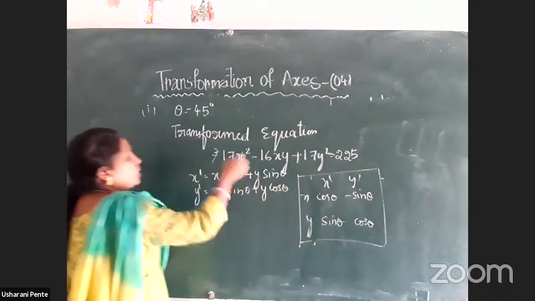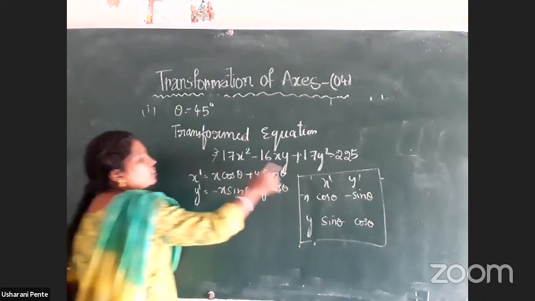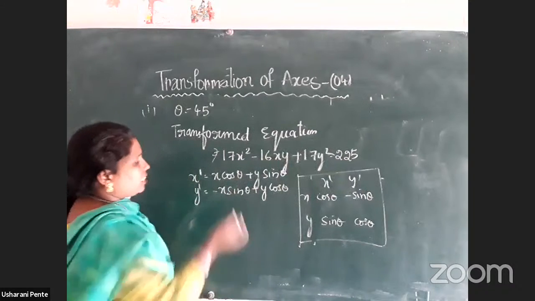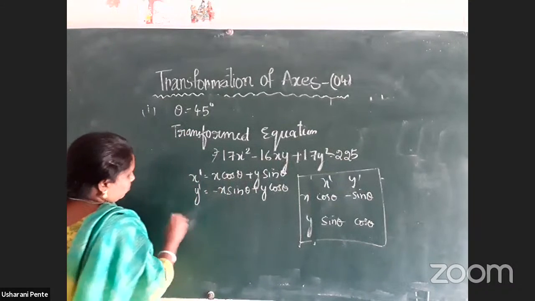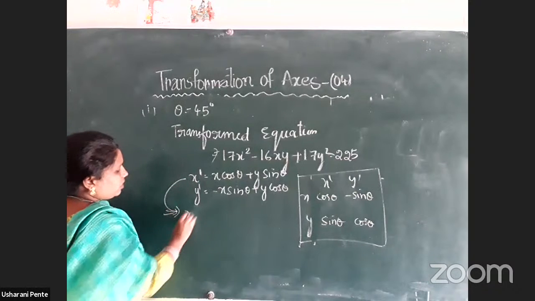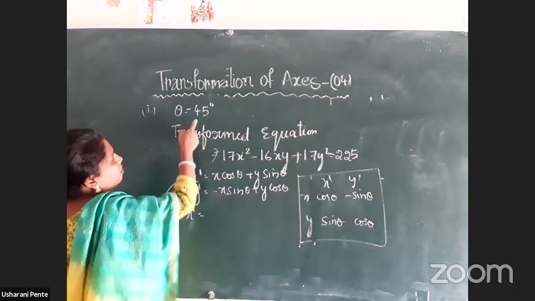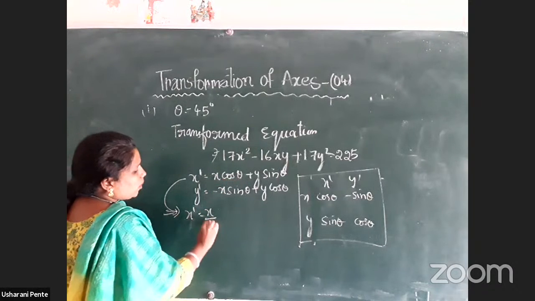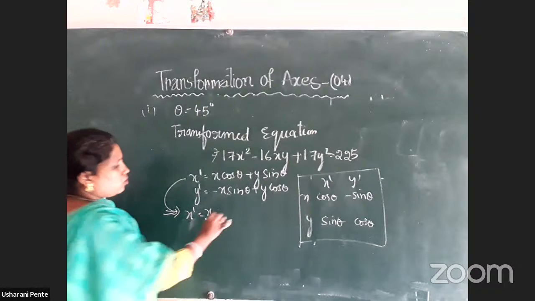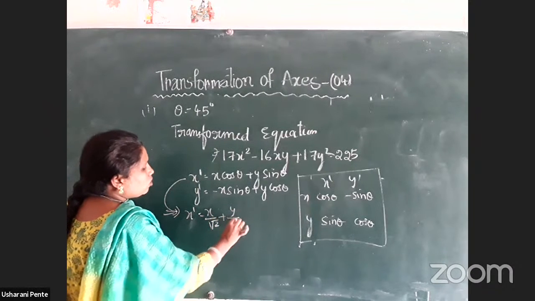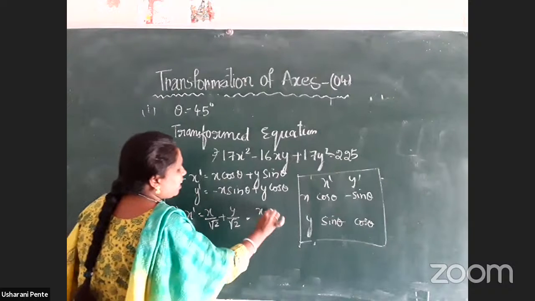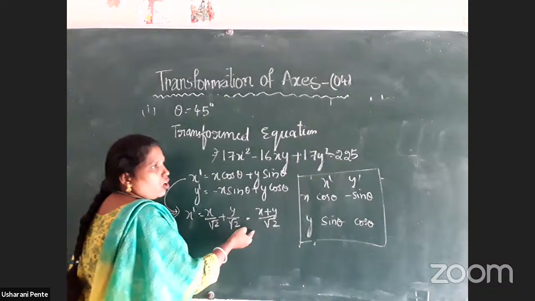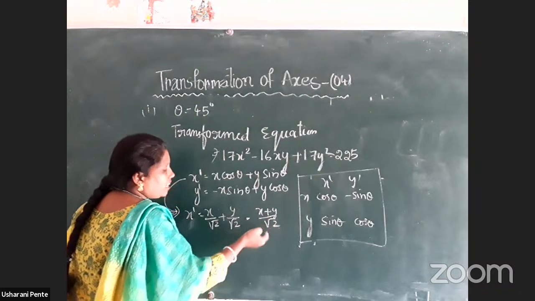We need to substitute these in place of x and y in the equation. Here theta is 45, and cos 45 is 1 by root 2. So x dash is equal to x plus y by root 2.